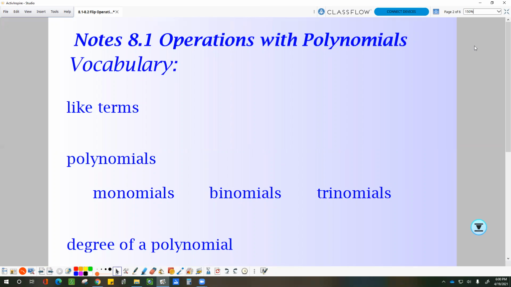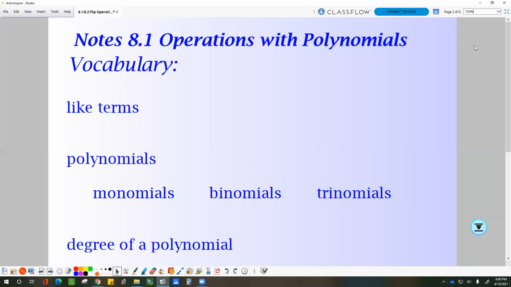So like terms, if I'm combining like terms going forward, I just need to make sure that you know what that is. That means that the variables match. So if I have x's, I put all the x's together. If some of them are x squared, I put those with the other ones that are x squared. Or if there's constants and there aren't variables, then I put those together.